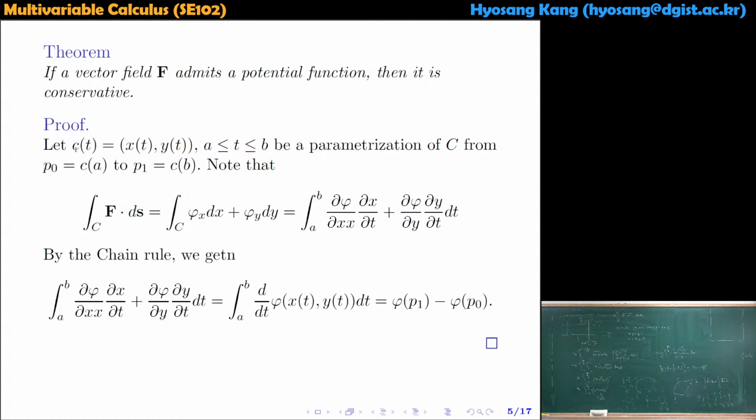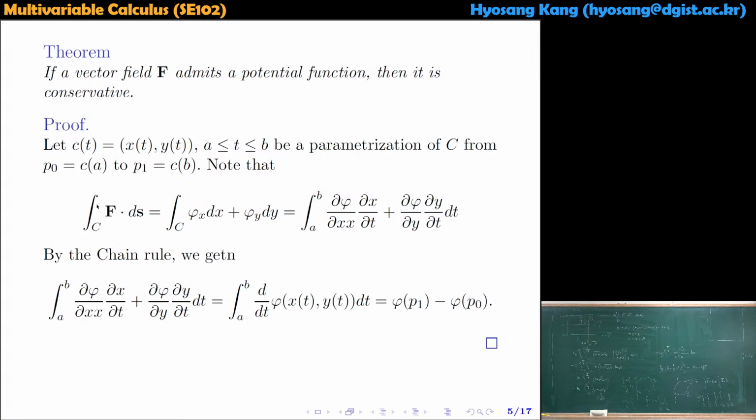Let's say we have a curve C(t) given by x(t) and y(t), a parameterization of C from one point to another. We're going to show that this is conservative, which means that this line integral over C always depends only on the starting point and end point, P0 and P1.